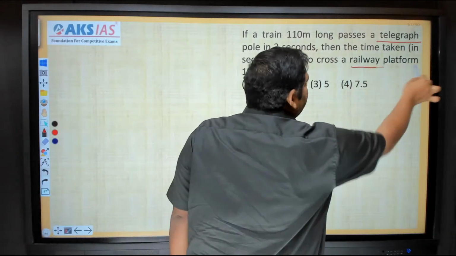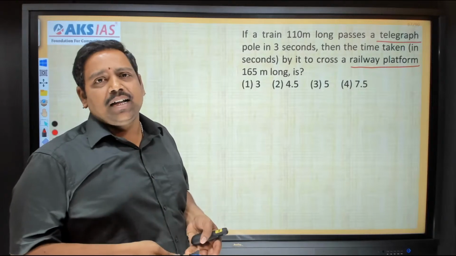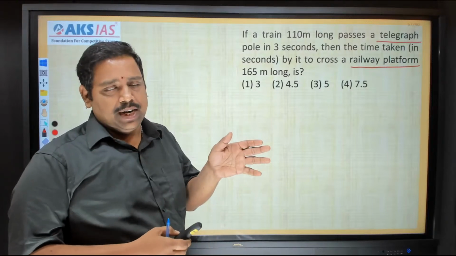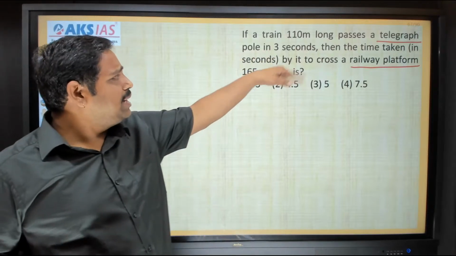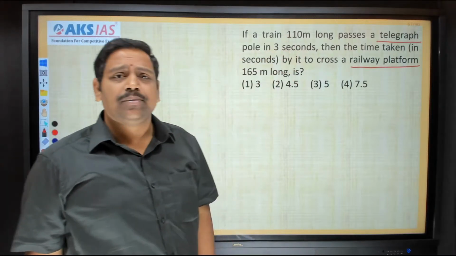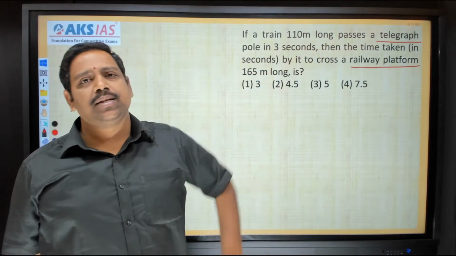It is crossing a railway platform. Again, a railway platform is not a movable object, so again no need of relative speed. And one more point: when it is crossing a pole, it has to cover its own length, that is 110 meters.